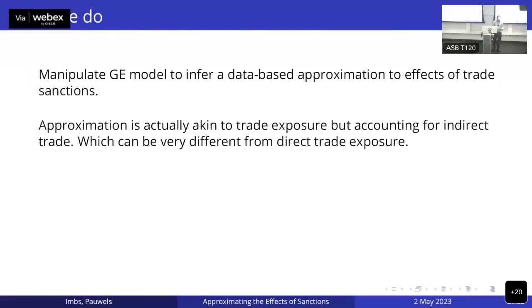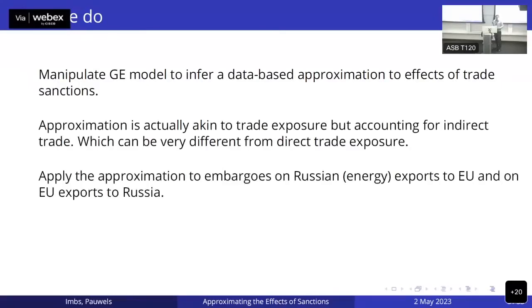What this will allow us to do is basically bypass the need for extensive calibration and sensitivity analysis on the one hand, and on the other hand, this is going to be akin to a trade exposure type measure, where we're going to take into account both direct but also indirect effects.